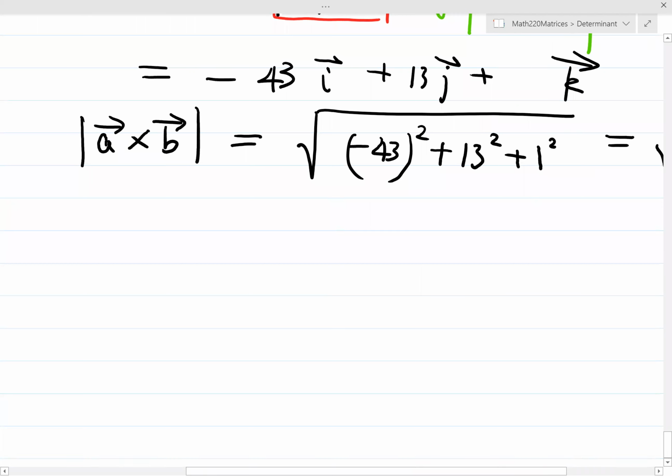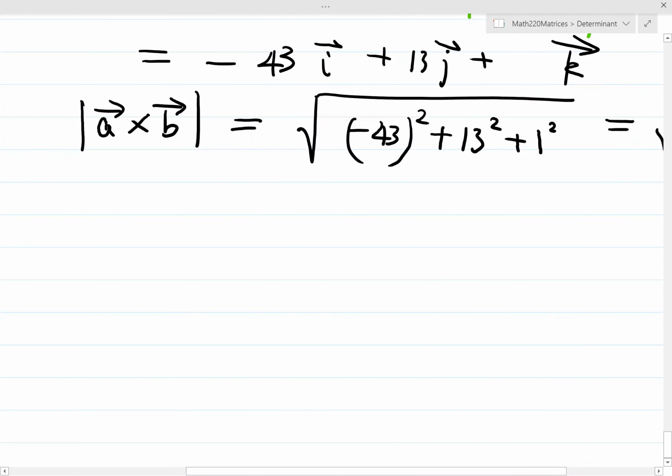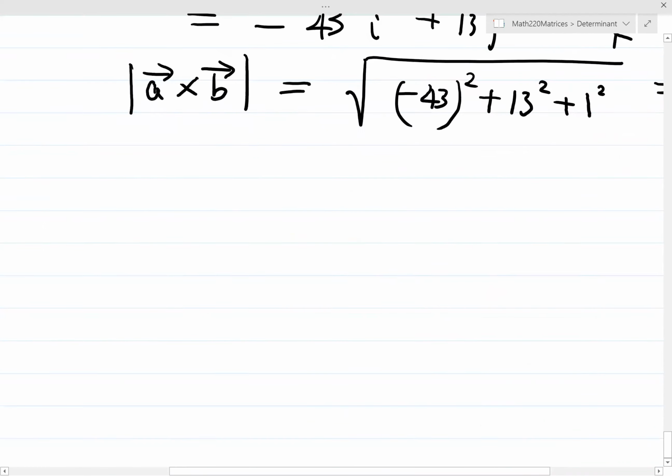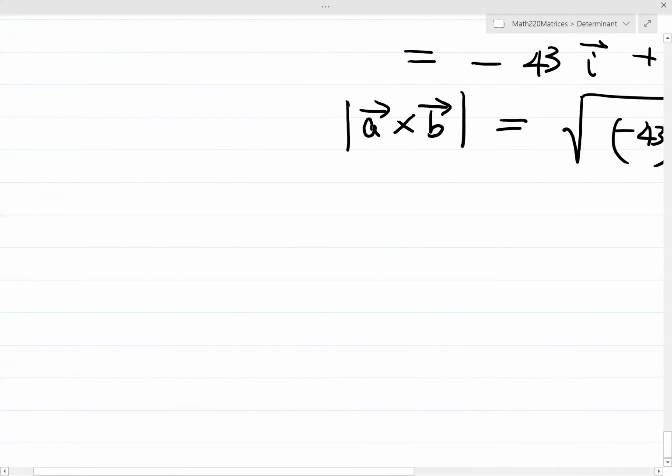Now I'll give you more examples of the cross product. Let's see this example. Given 3 points in R3, the 3 points determine a plane.